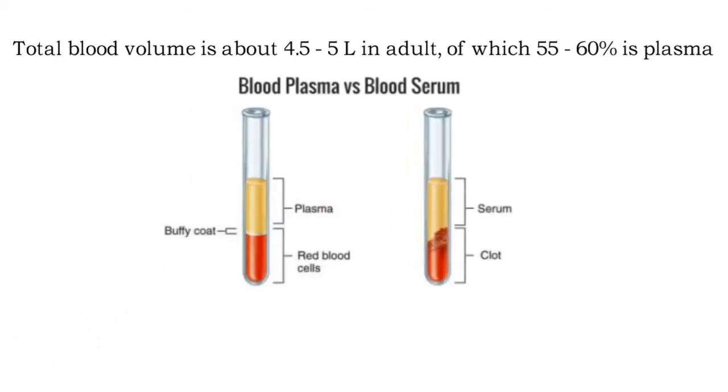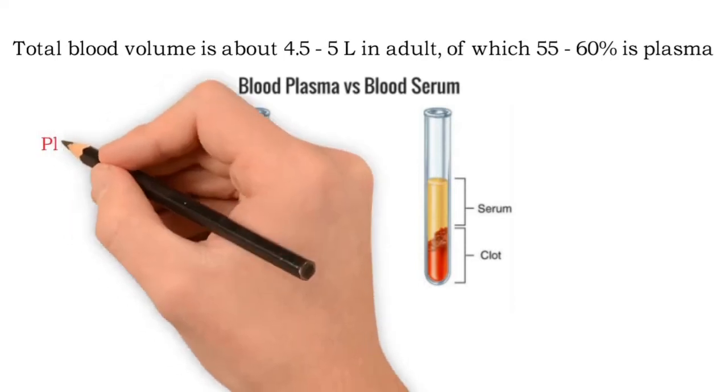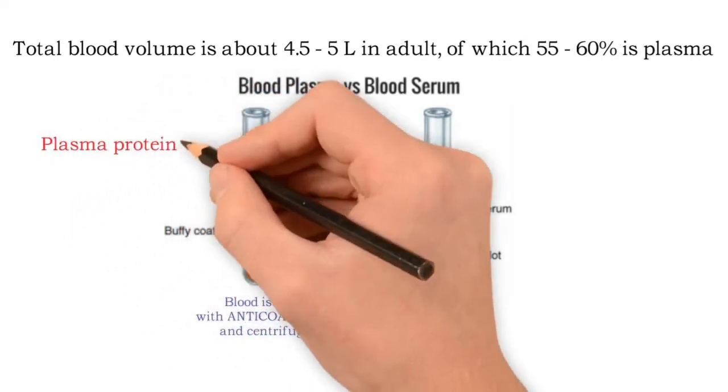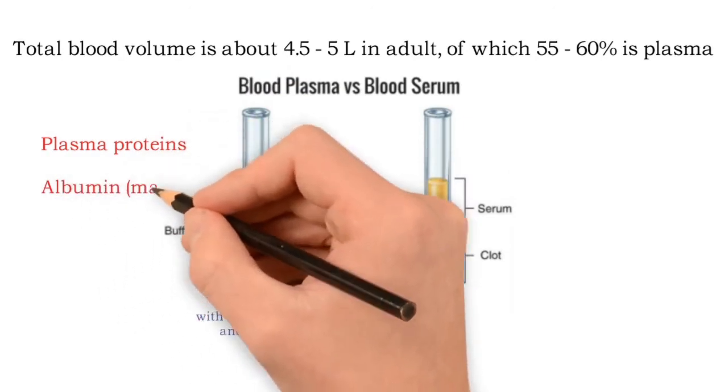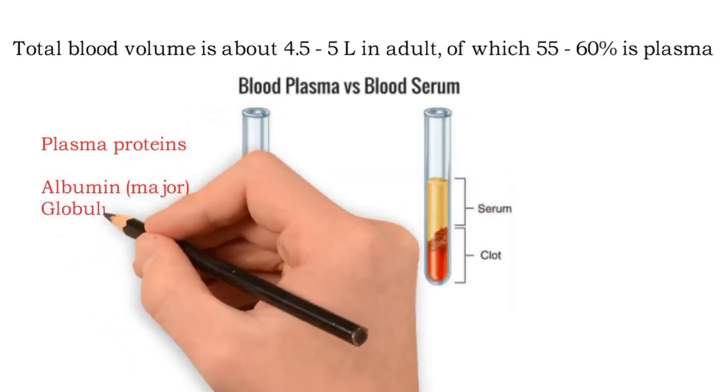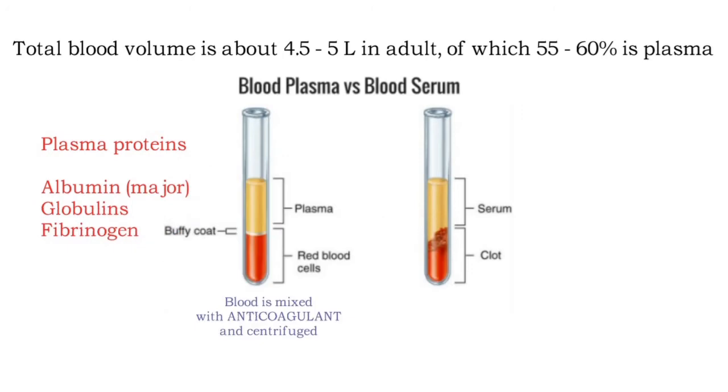So first we'll see the difference between plasma and serum. If blood is mixed with an anticoagulant and centrifuged, the cell components are precipitated. The supernatant is called plasma. Now plasma proteins include albumin, the major component, globulins and fibrinogen.